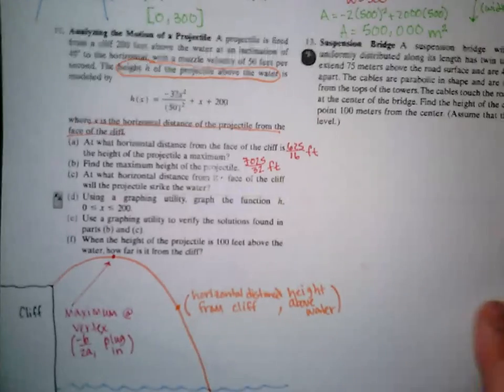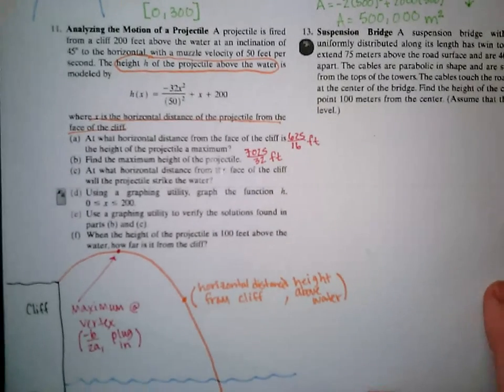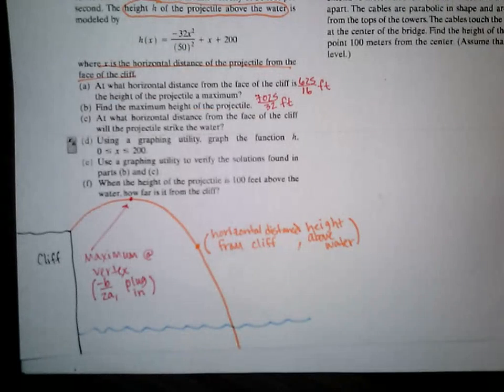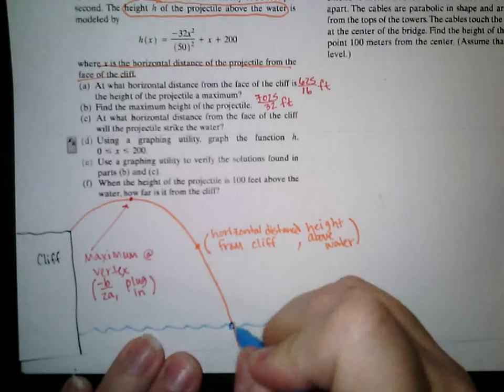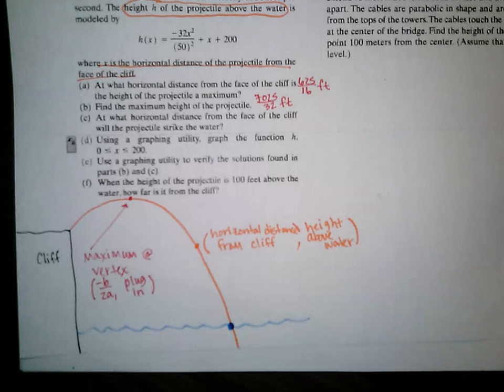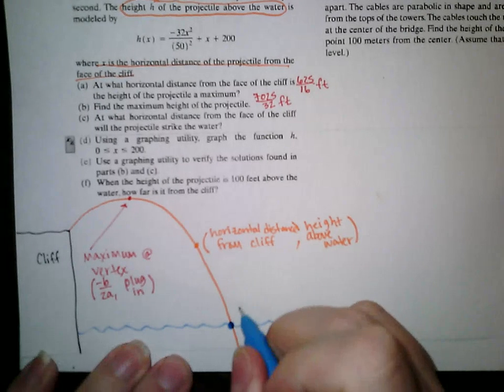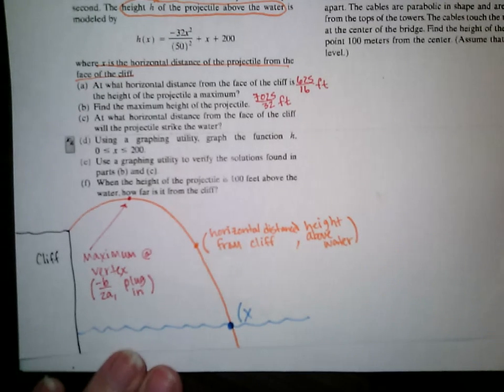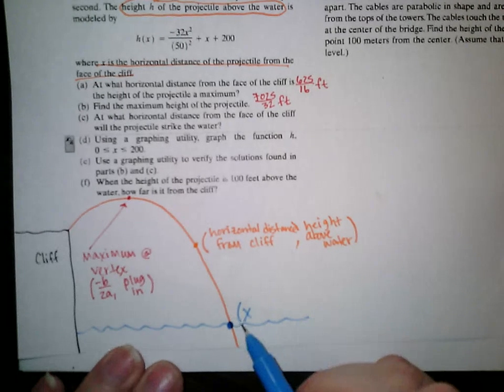Okay. At what horizontal distance from the face of the cliff will the projectile strike the water? So when the projectile strikes the water, that's right here. And they want us to say what is x, what horizontal distance is it, and we've got to be able to figure that out.